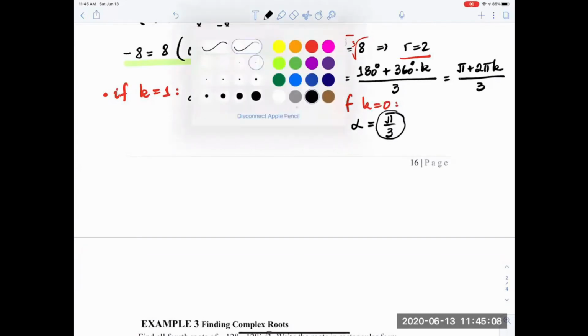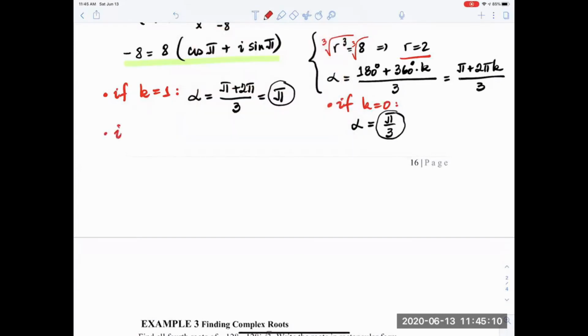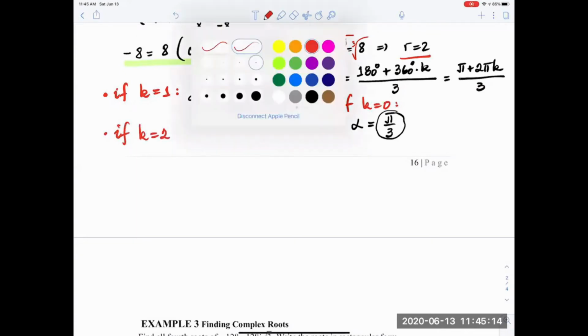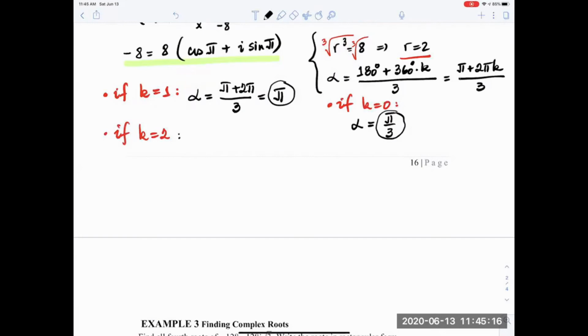And finally, if k is equal to 2, which is the maximum that it can be, alpha is pi plus 2 times 2, which is 4 pi, over 3. And that is 5 pi over 3.